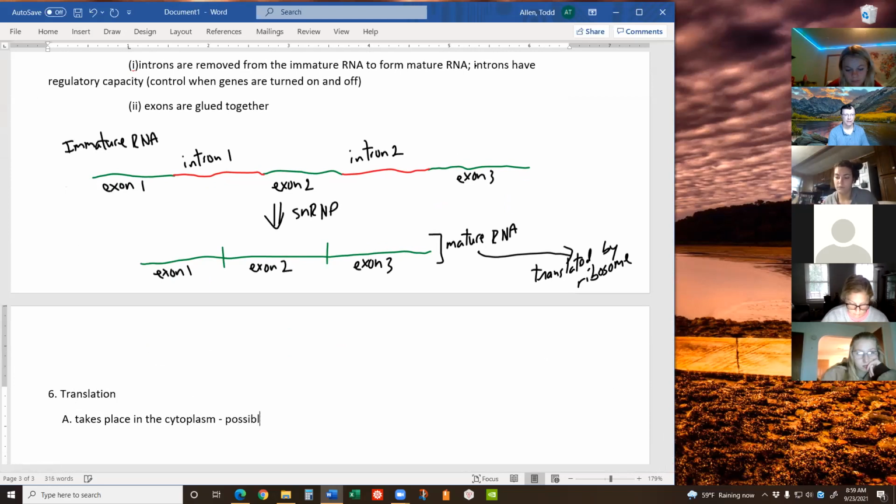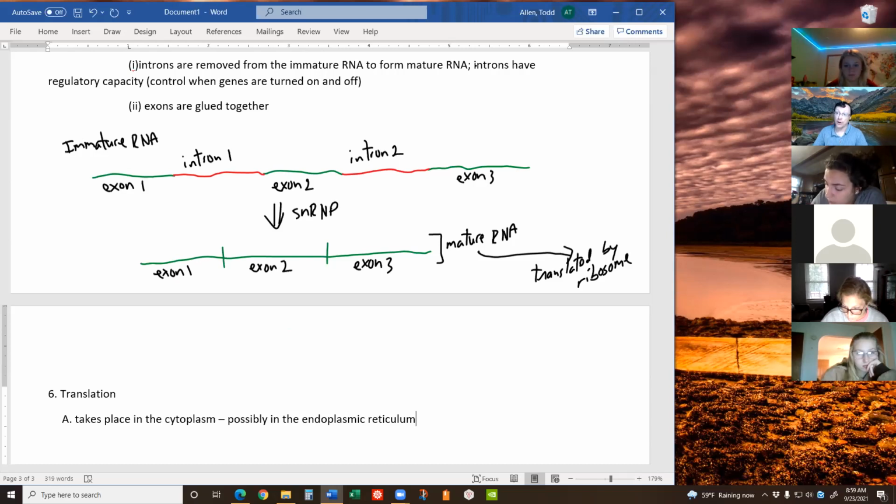possibly in the endoplasmic reticulum. Okay, what I'm saying is there are ribosomes that are attached to the endoplasmic reticulum. So in that case, the translation would happen in the endoplasmic reticulum. Of course, the endoplasmic reticulum is itself located in the cytoplasm.